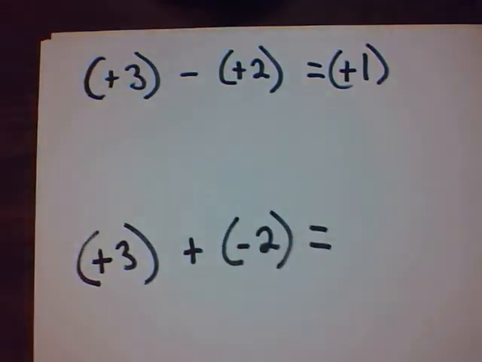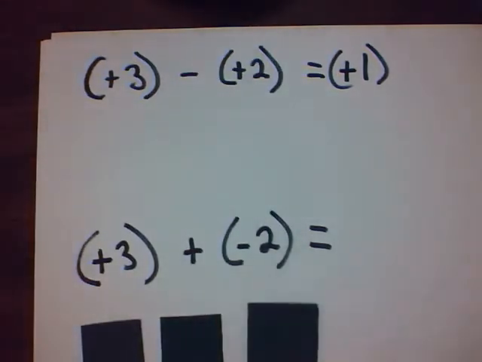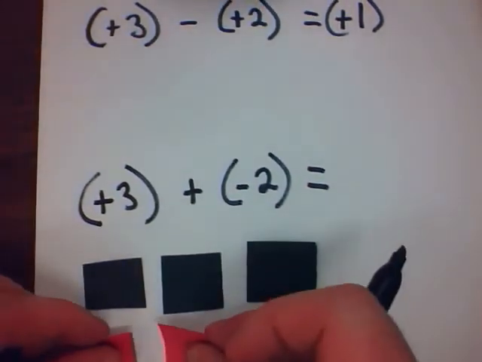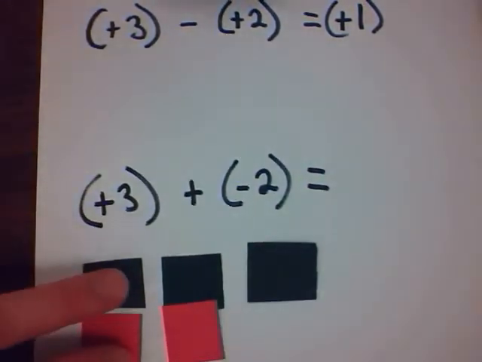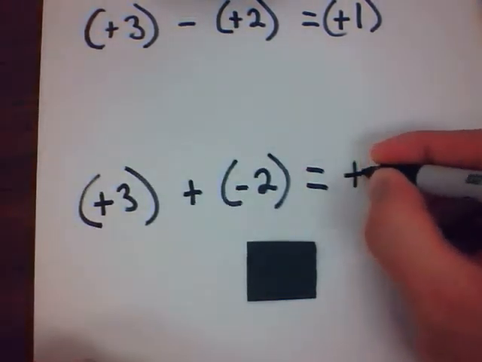Let's do that question. Again, I'm starting with 3 positives. Now I'm going to add 2 negatives to this. These are zeros. They will cancel. I'm left with a positive 1.